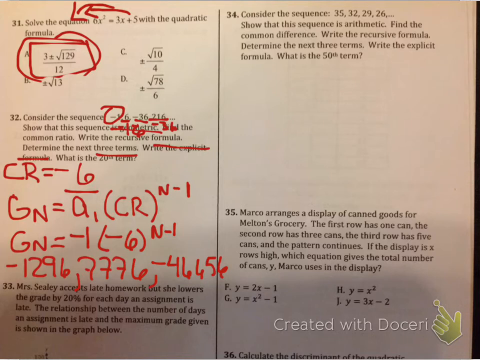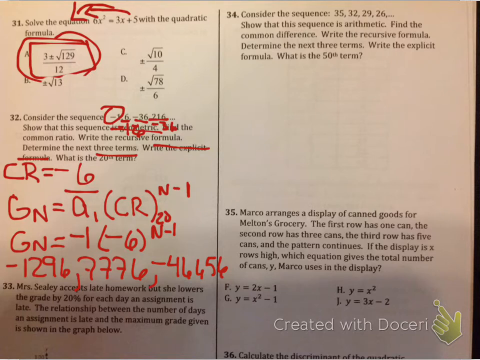Okay, and then they ask you what's the 20th term. Well, you would take this, put a 20 here and type it in. So I'm saying negative 1 times negative 6 raised to the 20 minus 1 power, and you get a really big number.